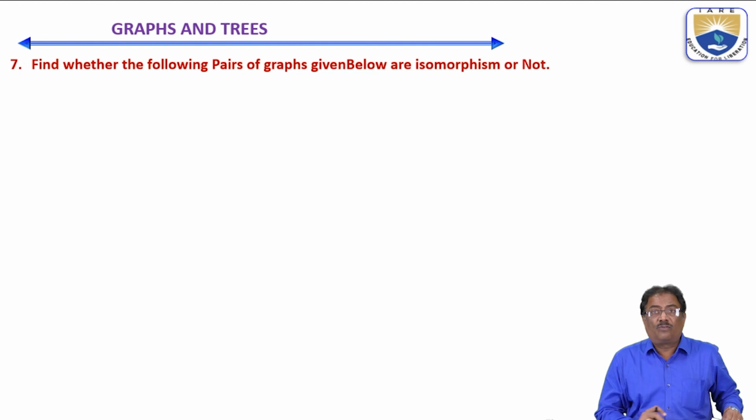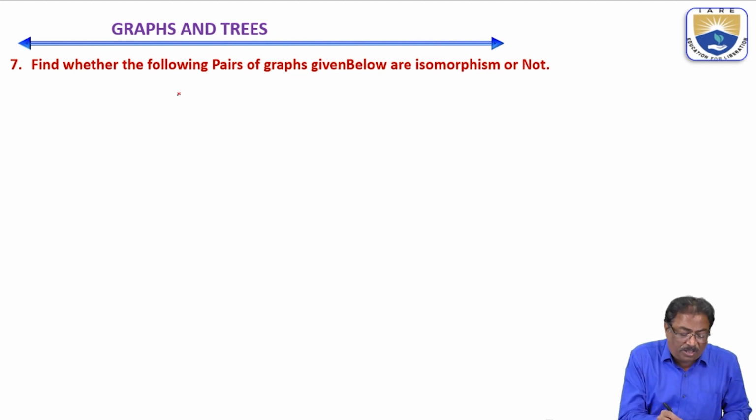Now, let us go for the other example. Are the pairs of graphs given below isomorphic or not? Let us consider one graph like this.